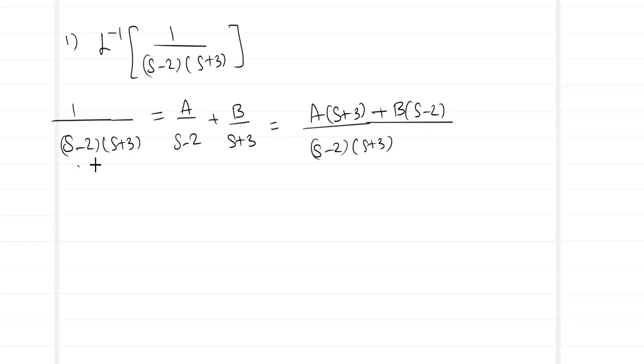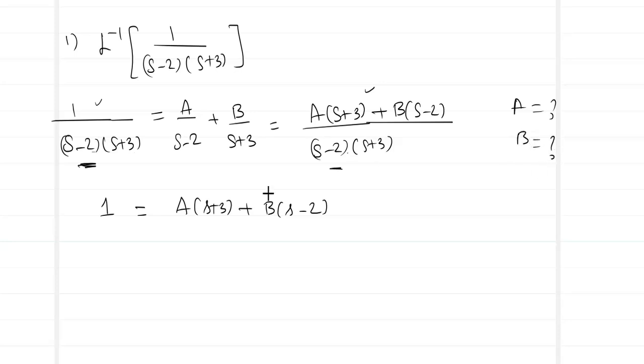Now comparing your first term and the last term, both denominators are the same, hence you can compare your numerators, in which case 1 is equal to a into s plus 3 plus b into s minus 2. Now, our motive is to find the values of a and b.